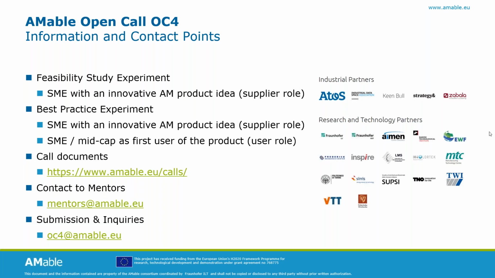Another question. In our business idea, we have two different parts, business aspects or parts of the product that use AM and which we want to have help with. Should we do two different applications? If you do two applications, you have double the chance. But they really need to be different. We don't mind if one entity sends in two proposals.